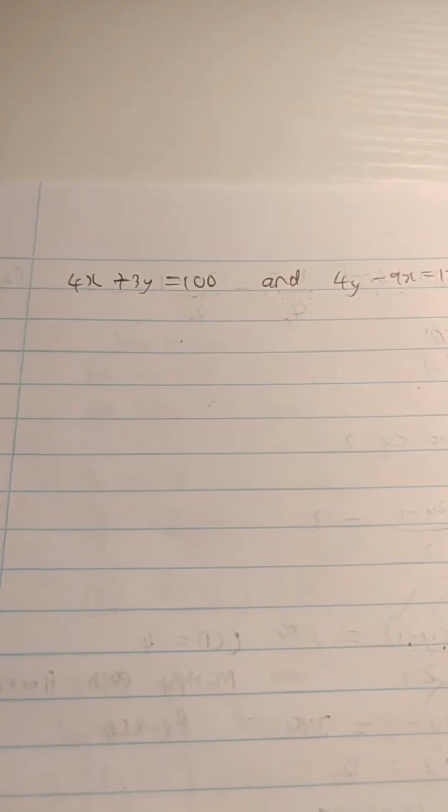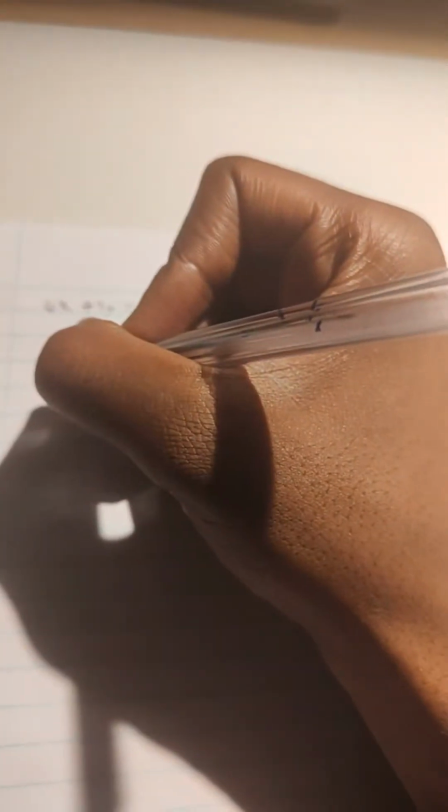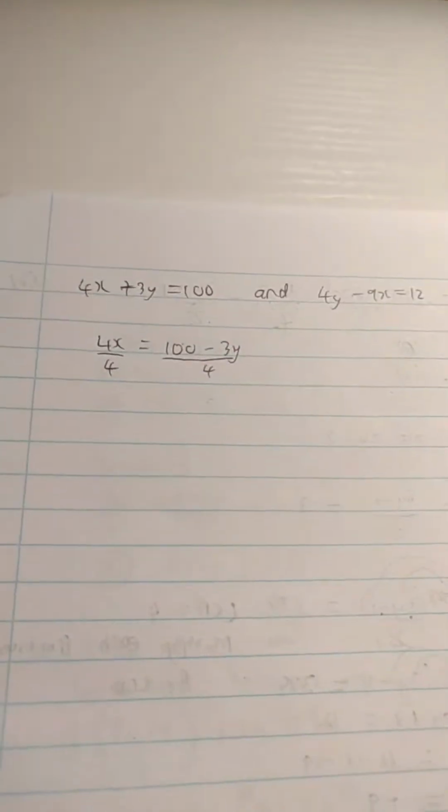Yeah. So very interesting thing here. Look at this. I want to show you something very interesting. Here, if I did this, I said 4x is equal to 100 minus 3y. Right? Then I divide by the coefficient, which is 4.